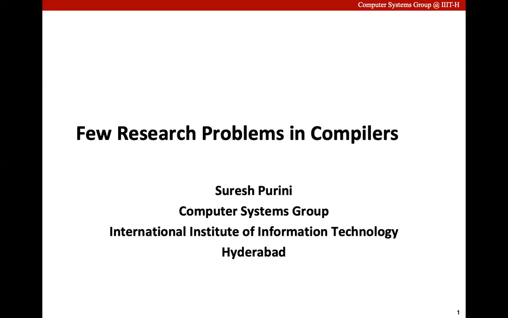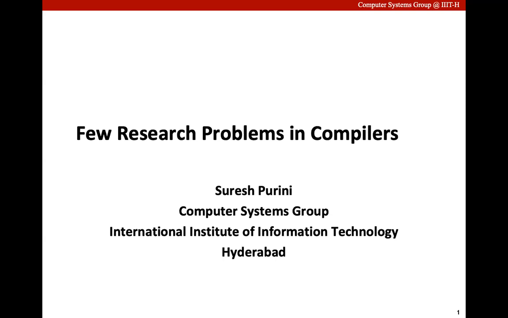So I just thought that I will give some kind of summary on what kind of challenges the compilers community is facing, and those of you who are looking for research problems may get some ideas.